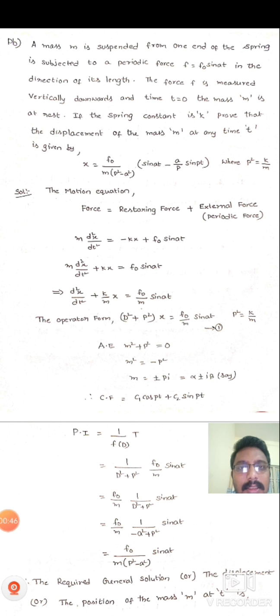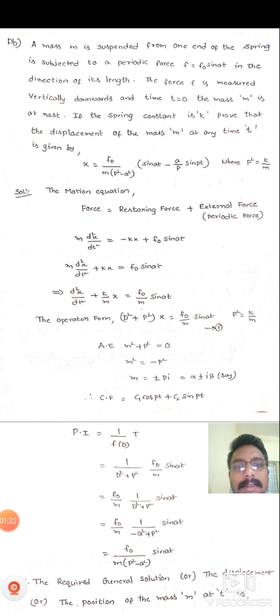So here the mass m is suspended from one end of the spring and is subjected to an external force, that is a periodic force. First we have to consider the motion equation. From Newton's second law of motion, we will have force equal to restoring force plus external force. Here only the external force is added to the restoring force, and the external force is nothing but the periodic force.